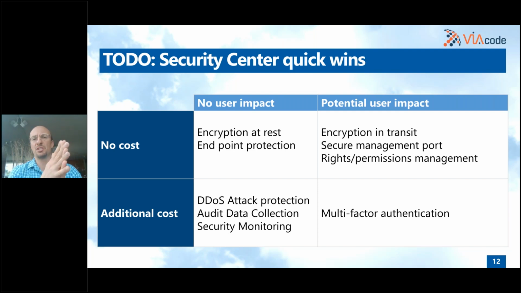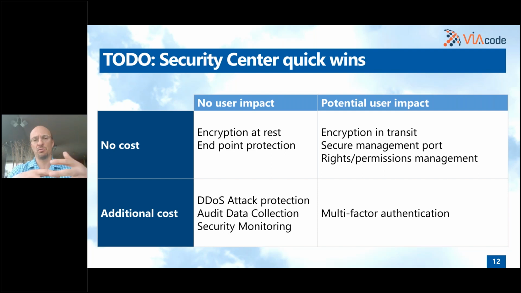So when we work with customers implementing Security Center, we recommend to think about all these recommendations using this framework. First of all, each recommendation, while providing a value, can be analyzed by user impact, whether implementation of such a recommendation affects users or won't affect users. And it needs to be analyzed whether that recommendation would incur additional cost or it's free. An example here is, let's say, encryption at rest, meaning that information, when it's stored in the cloud, should be encrypted.